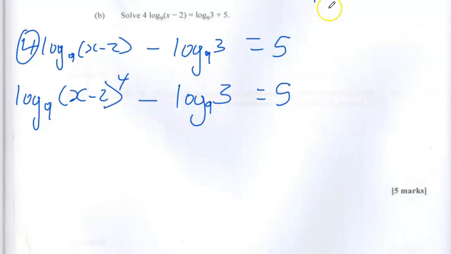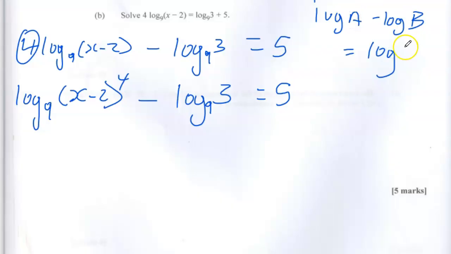Another law of logarithm says log A minus log B is equal to one log, and I can combine these logs by putting A over B.